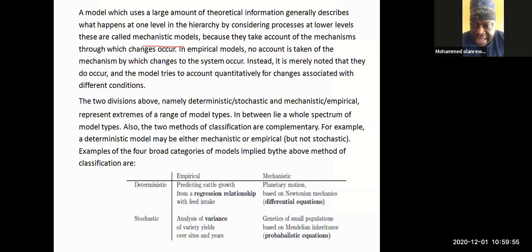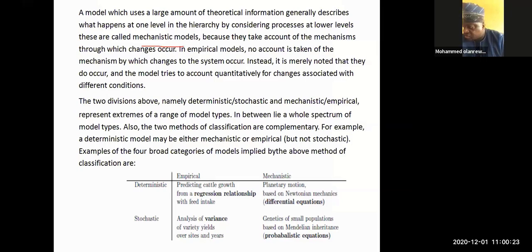Then mechanistic: planetary motion based on Newtonian mechanics, which is nothing but a differential equation. Stochastic: analysis of variance of variety yields over sites and years. Mechanistic: genetics of small populations based on Mendel's law of inheritance, which is a probabilistic equation.